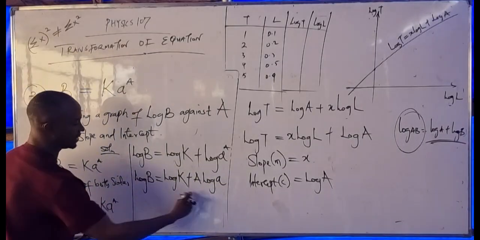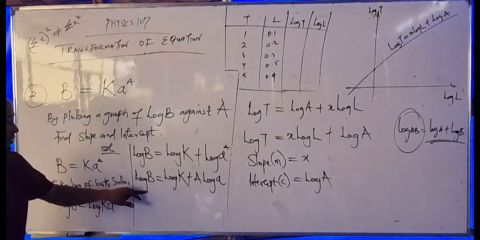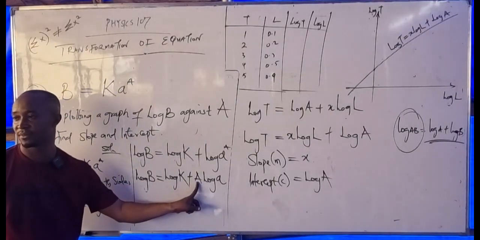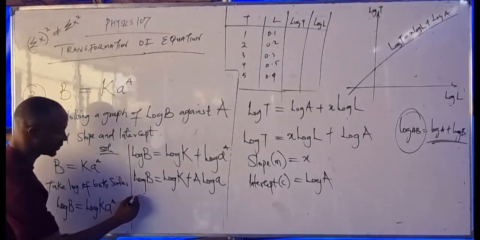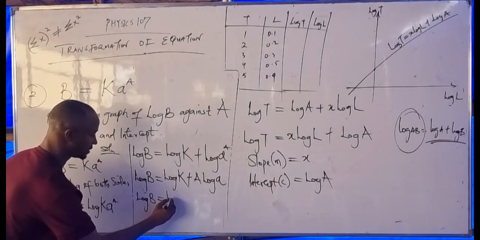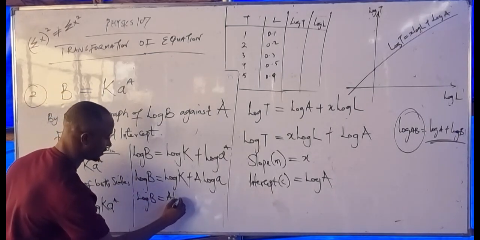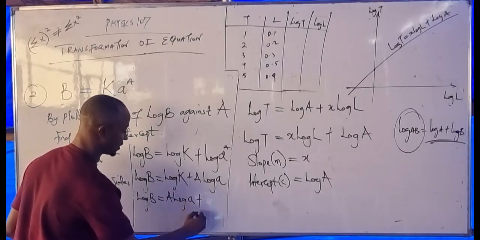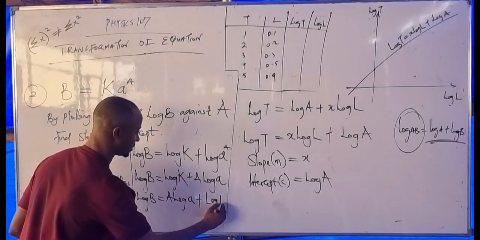Now, can we rearrange this? I'm plotting a graph of log B against capital A. So I can rearrange: log B equals A log a plus log k.